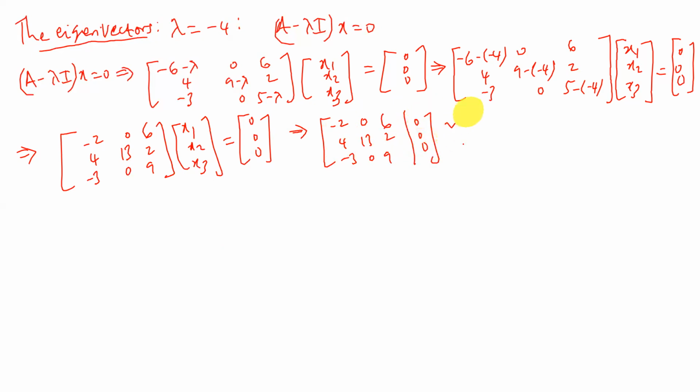You can always leave out the zeros, some books will leave them out and just form a matrix without the zeros. Row 2 plus 2 row 1 gives 0, 13, 2 of that, 12 plus 2, 14, 0.